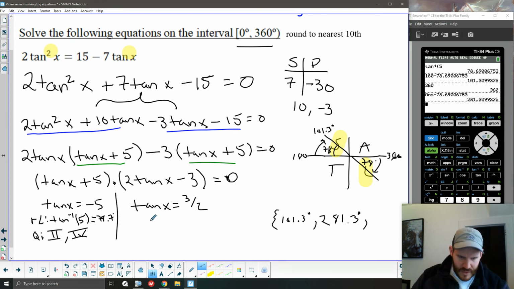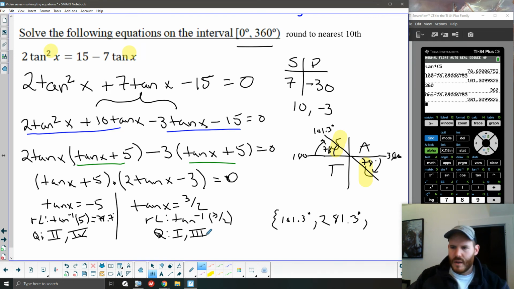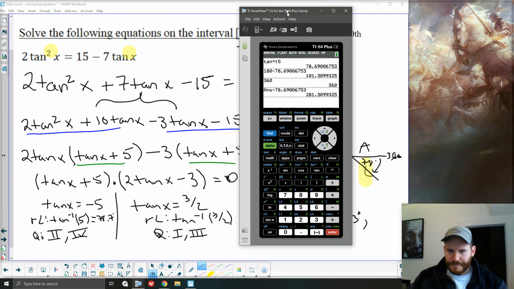Okay, we're not quite done yet because I also have these ones that I haven't gotten to. So for tan equals 3/2, I'm going to need the reference angle for that, which I can get from the inverse of 3/2. And then the quadrants in which tangent is positive would be quadrant 1 or quadrant 3. Okay, so let me go back to my handy calculator.